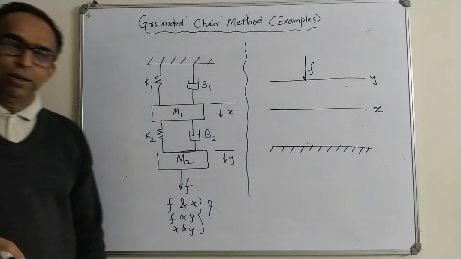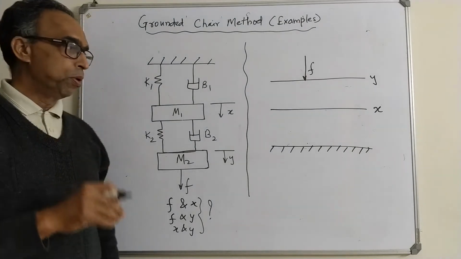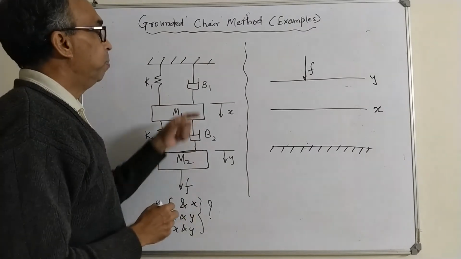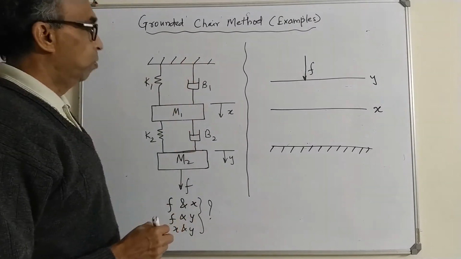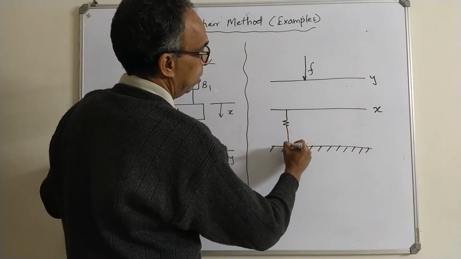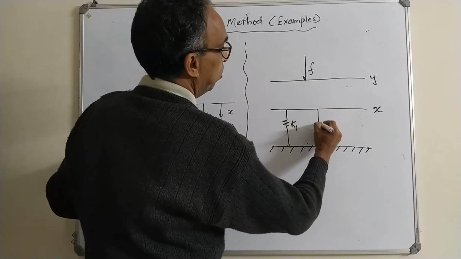What is the next step? Insert the components or elements in between the coordinates. Now between X and ground, what are the components? Spring K1 and damper B1.